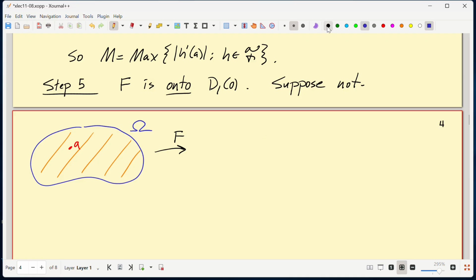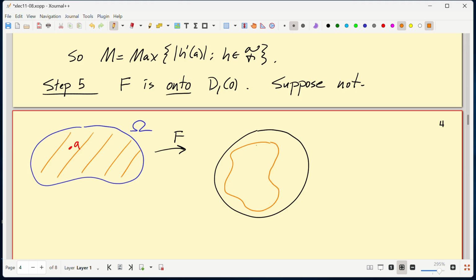It's not onto. So it maps to some kind of blob, and it misses W naught, let's say.